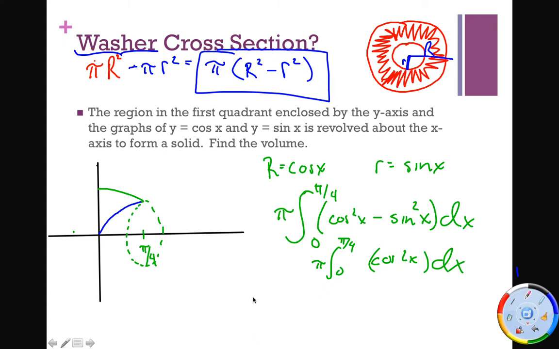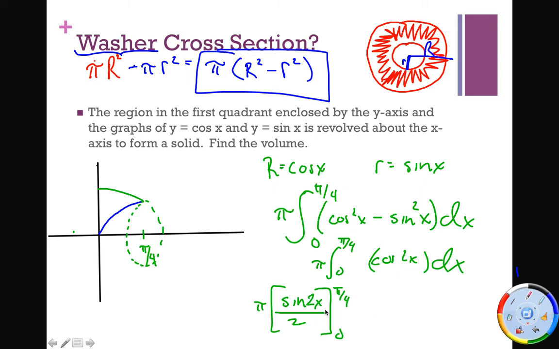Because the integral becomes pi times, let's say, sine of 2x over 2 from 0 to pi fourths. Oops, sorry, 2x. Lost my 2x. Goodness gracious. Sine of 2x over 2.